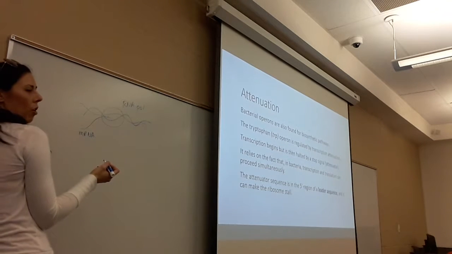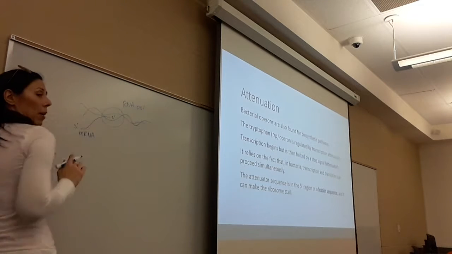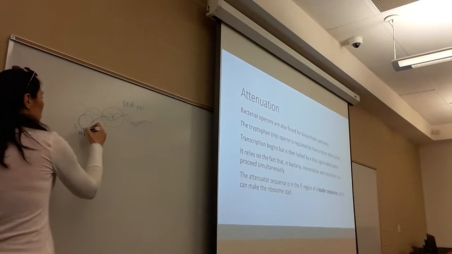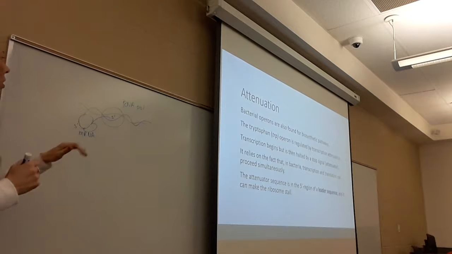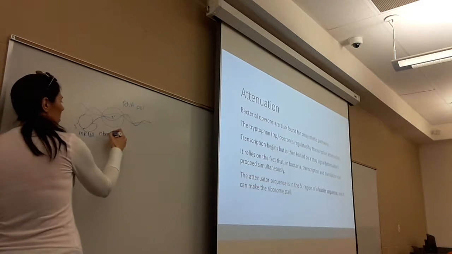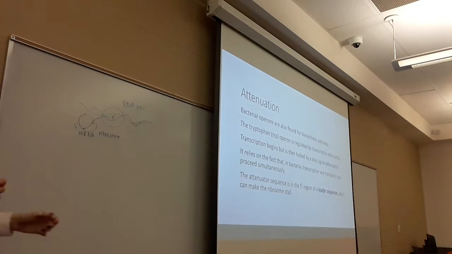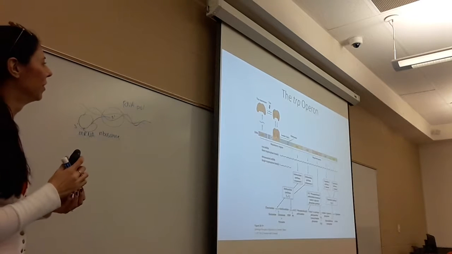It's made 5' to 3', so the 5' end jumps out first. In bacteria, the ribosome jumps right on and starts making protein. As RNA polymerase is going, the ribosome can jump on and start making its protein. That all happens at the same time. I have a much better picture of that than I can draw.